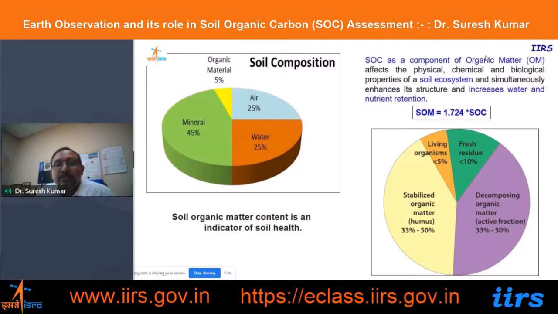Therefore, this soil carbon needs to be assessed, to see what stock is present. I will discuss how we can estimate the stock, and also how remote sensing data can help you to estimate the soil organic carbon.